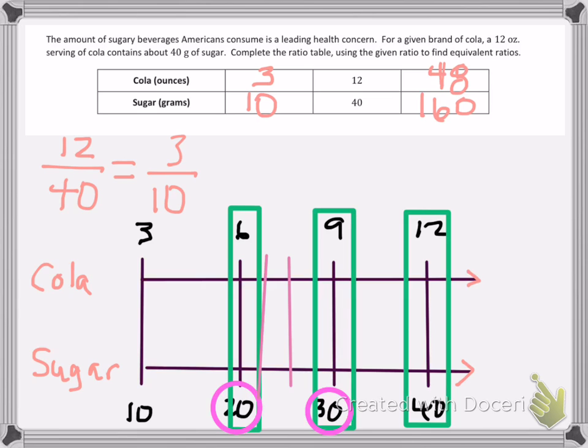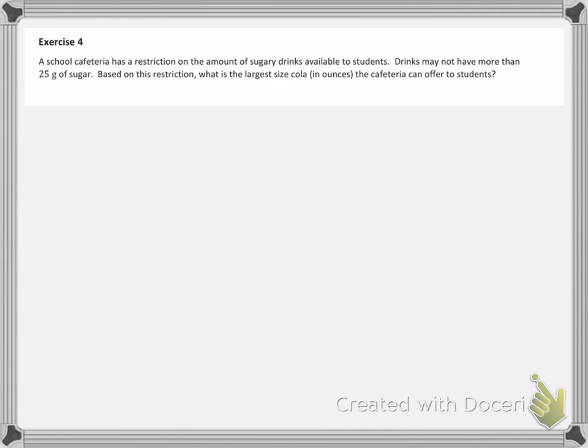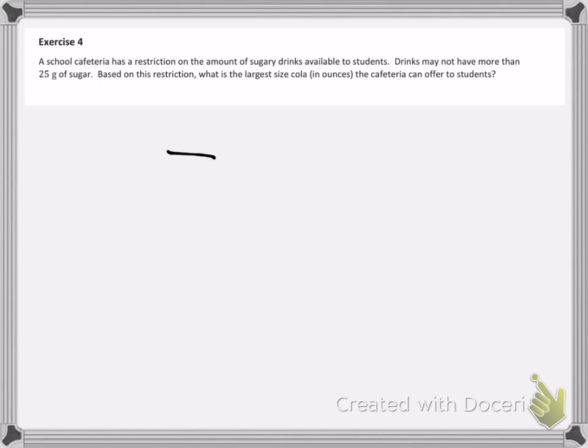So 8 would be 26 and 0.6 repeating, and 7 would be 23.3 repeating. So 7 ounces is as big as you can get there, and so the answer here would be 7 ounces would be the biggest.